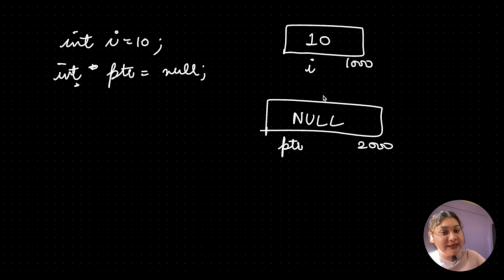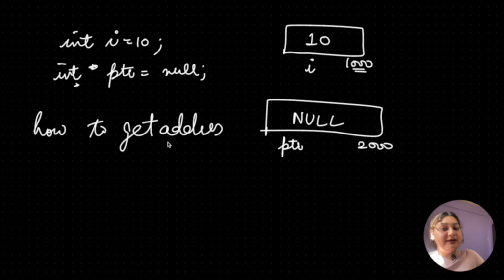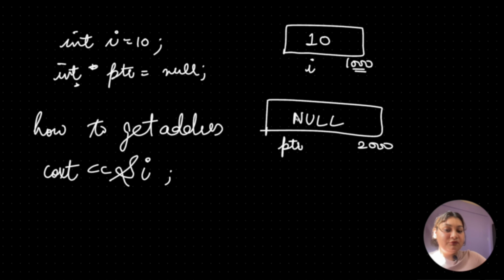Now how to connect these two? To connect these two, we have to know the address of i. How to get the address? Always remember, to get the address of any variable, we just have to write the ampersand and the name of that variable. Let's say &i. If we print this &i, we will get the address of this variable, that is 1000.